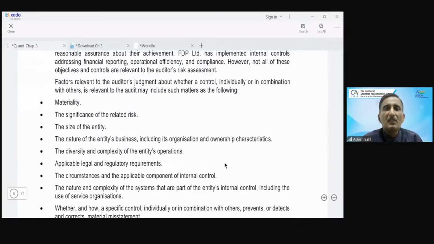So the factors which decide whether a particular control is relevant for audit or not include materiality, the significance of the related risk, the size of the entity, whether it is a large or a small entity, what kind of business the entity is in, the regulatory requirements, and the applicable legal requirements. All these factors help in determining whether a particular control or set of controls is relevant for audit or not.